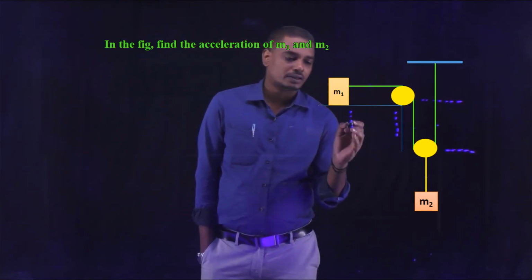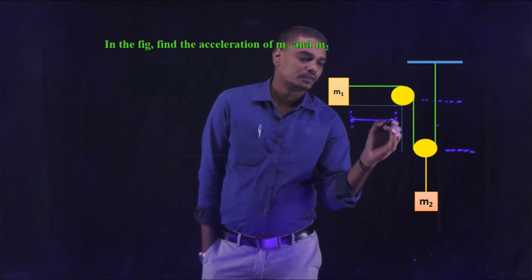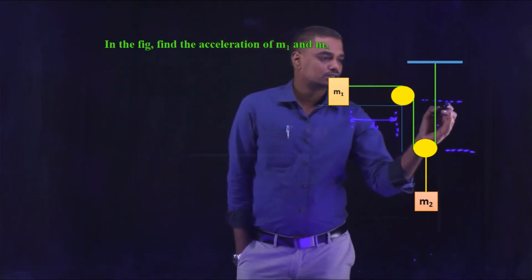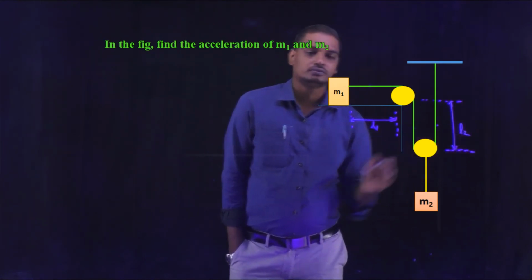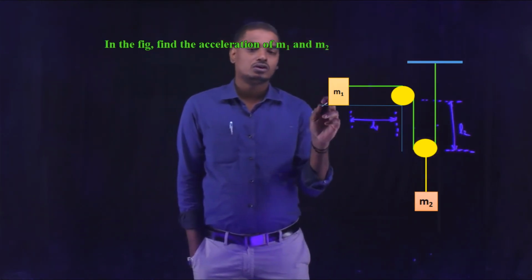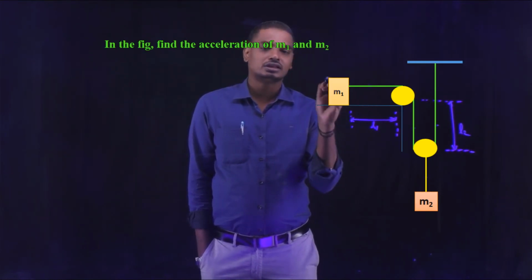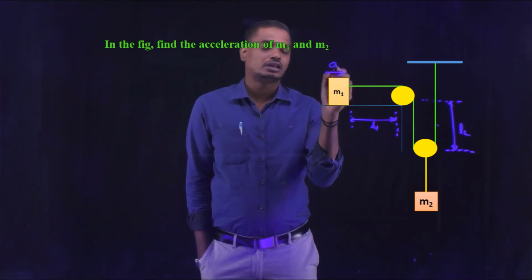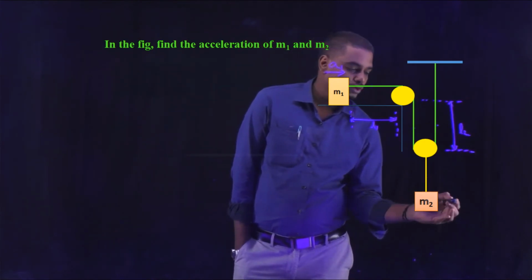As this block is m1, let this part of the string have length L1, and let this part of the string have length L2. This block moves in this direction with an acceleration a1, and the block of mass m2 is moving downwards with an acceleration a2.